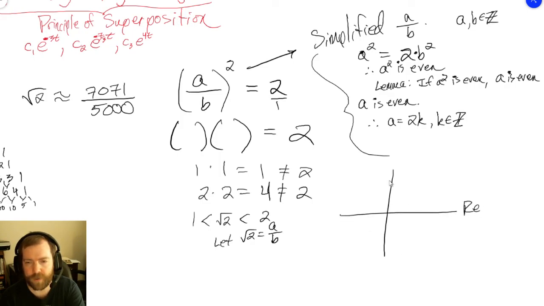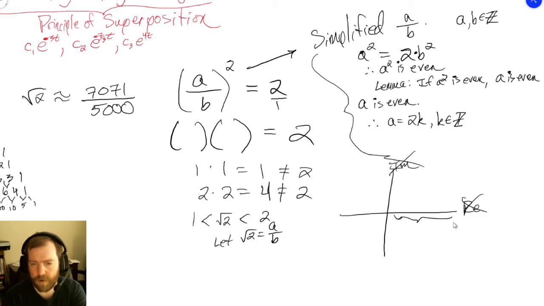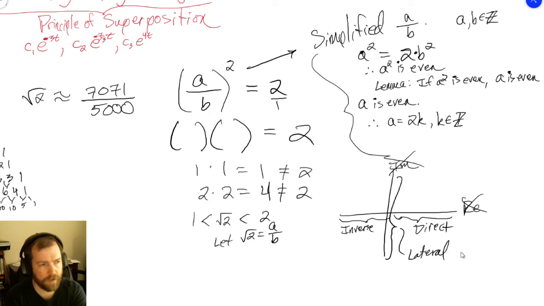Rather than real and imaginary in the 2D plane, he said these numbers over here are going to be called direct, these numbers over here inverse, and these numbers here lateral.